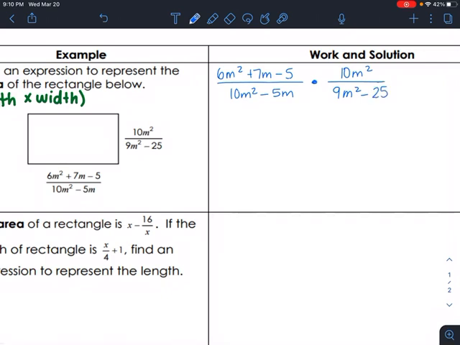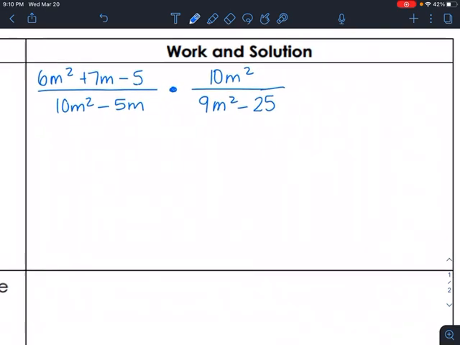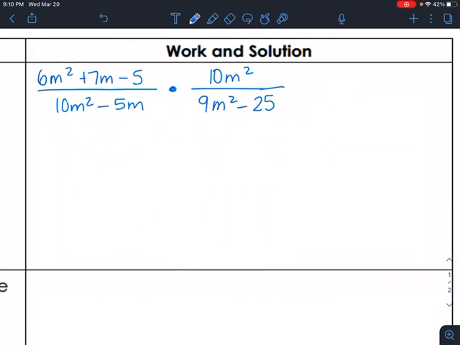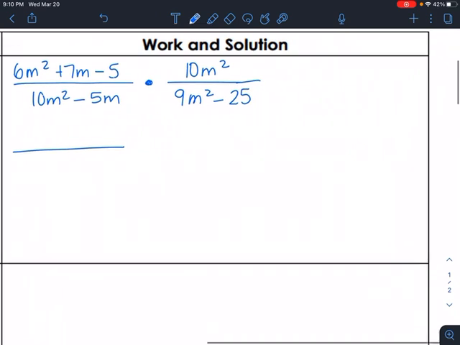25. Now, before I multiply across, one thing that I want to do is simplify or rewrite my expression in a factored form. So I'm going to go ahead and factor this as much as I possibly can. We can't factor 10m squared anymore, so I'm going to leave it at that.